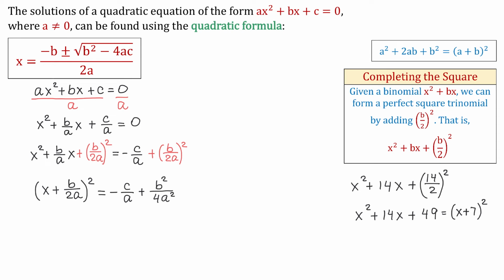In the next step, I need to switch these two terms. So I will write x plus b over 2a all to the second power equals b squared over 4a squared minus c over a. And now here I need to get the same denominator, and for this I need to multiply the numerator and the denominator of this fraction by 4a. So again, I will multiply both the numerator and the denominator by 4a.